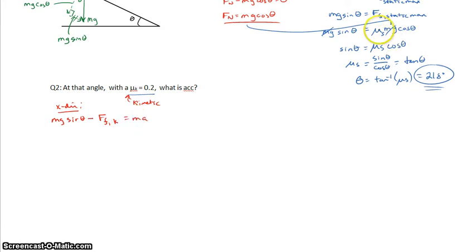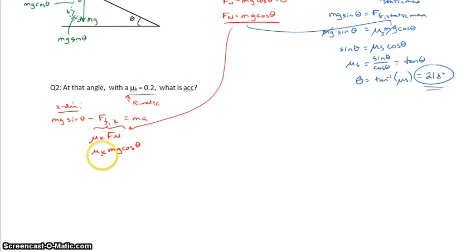Now, I'm not looking for this break-free criteria, so I can't say acceleration equals 0. I've got to keep this here. In fact, we're looking for acceleration. But I can unpack what this friction force is, right? It's mu sub k times the normal force, but I know what the normal force is, so it's really mu sub k mg cosine of theta.